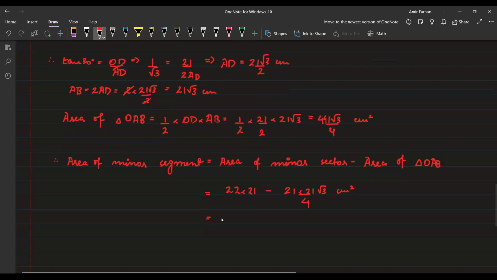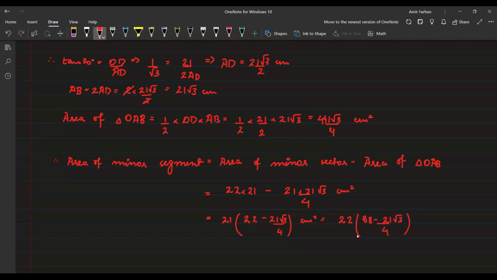Okay. So 21 can be taken out common. So what is left is 22 minus 21 root 3 by 4, right? Centimeter square. So that is 22 into 4 would be 88, minus 21 root 3, all over 4.